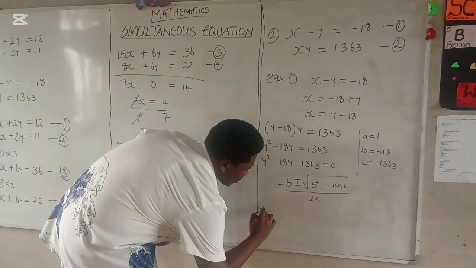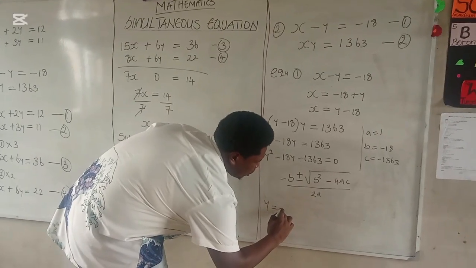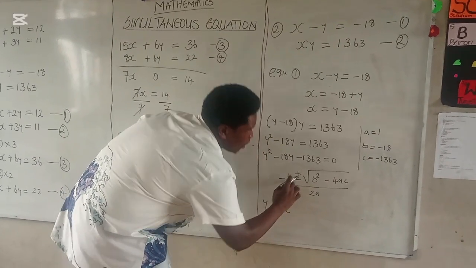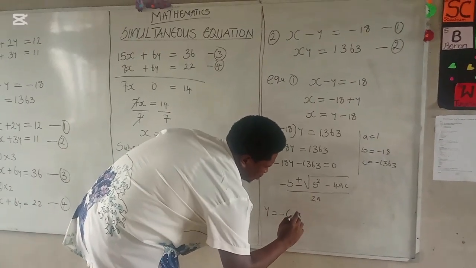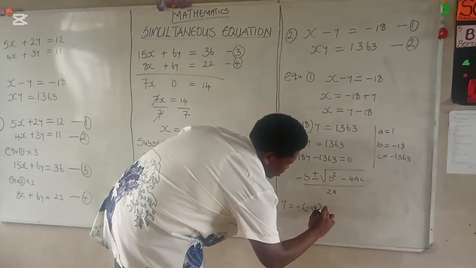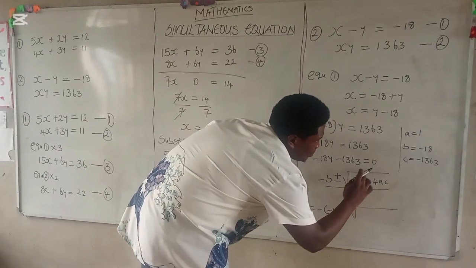Now we are looking for the value of y, so y will be equal to minus, don't forget your b is a negative sign, minus 18, right? Plus or minus, you have your root sign, what's your b squared?